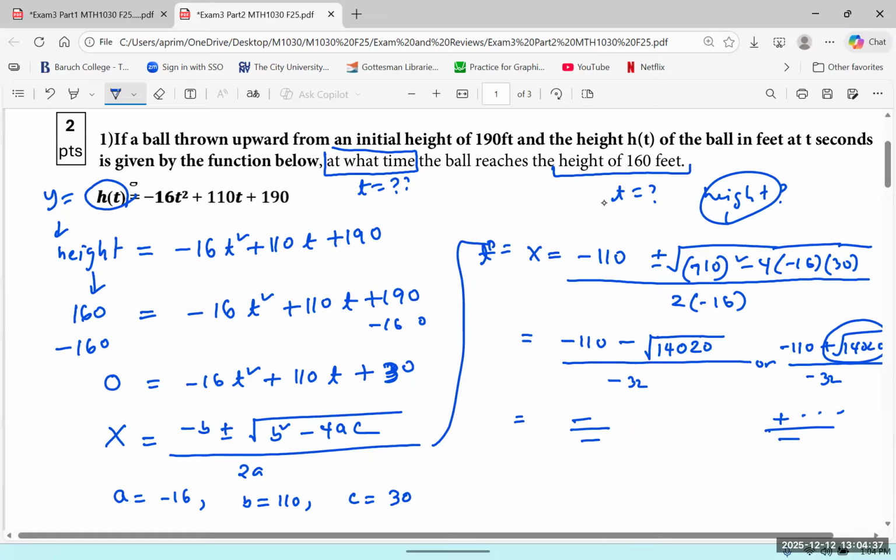This one cannot be accepted because plus over minus is a minus, but time cannot be negative. So the correct answer is the negative over negative. So you get 7.14 seconds.